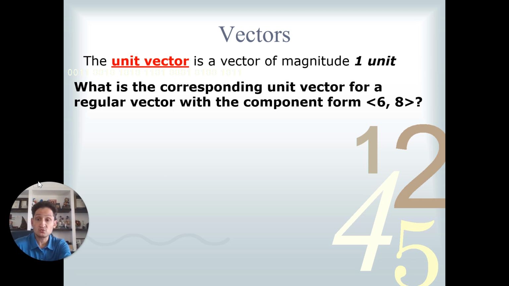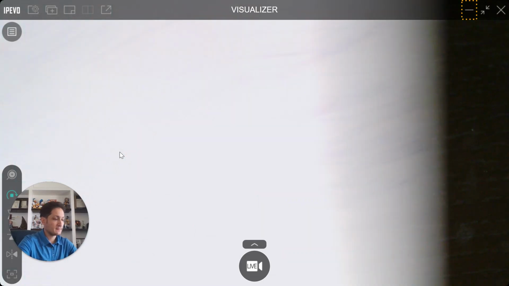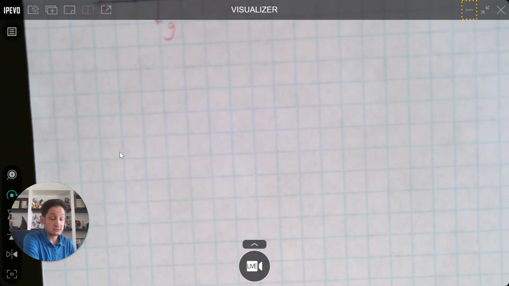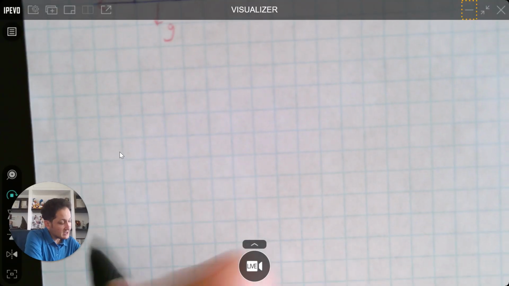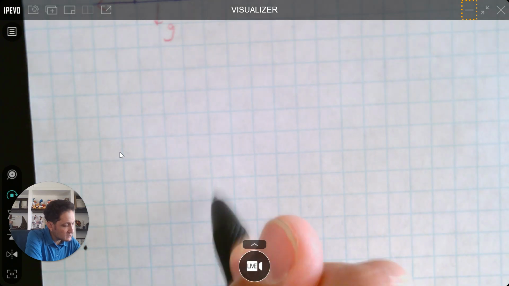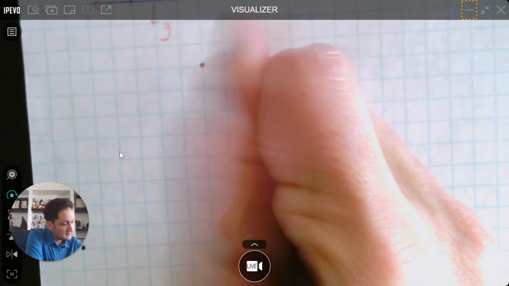Let's see. Why don't we draw this? All right, let's go here. All right. So I'm just going to draw my vector. 6, 8, correct? Yes, 6, 8. So we'll start it here. We'll go over 1, 2, 3, 4, 5, 6. 1, 2, 3, 4, 5, 6, 7, 8. Okay.